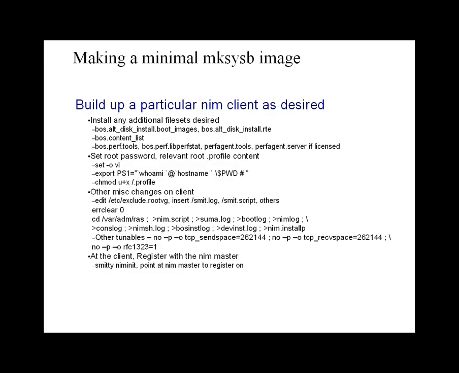I'll set a password for root. I'll set some relevant root content for root's .profile. I like to have a set -o vi. I like to have the PS1 prompt set for who am I at hostname, and I like to see the print working directory. I'll put execute on for root's profile for the user only. Any other miscellaneous changes on the client that I want in this mksysb image that I'm going to send out to other clients.